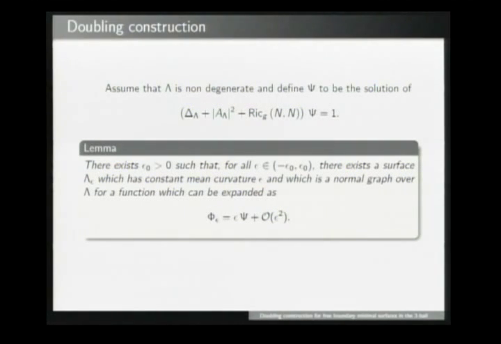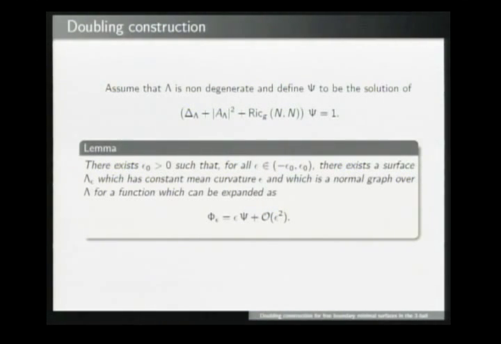Moreover, this surface, Lambda epsilon, is a normal graph over Lambda, for some function which has a nice expansion in powers of epsilon. It starts like epsilon times a function psi plus something much smaller, like epsilon squared. And what is psi?